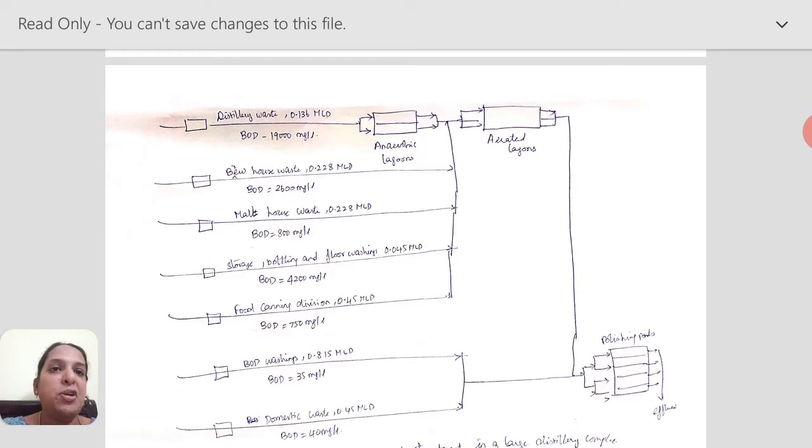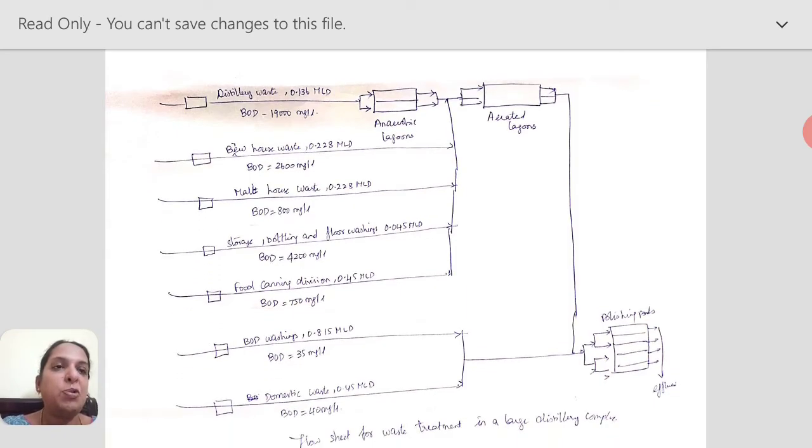In the case of distillery waste, as we said, it is very high in BOD. You could see here 19,000, but values as high as nearly 60,000 can also be obtained, as seen from that flowchart. So it is first sent to a two-stage anaerobic lagoon followed by a two-stage aerated lagoon.